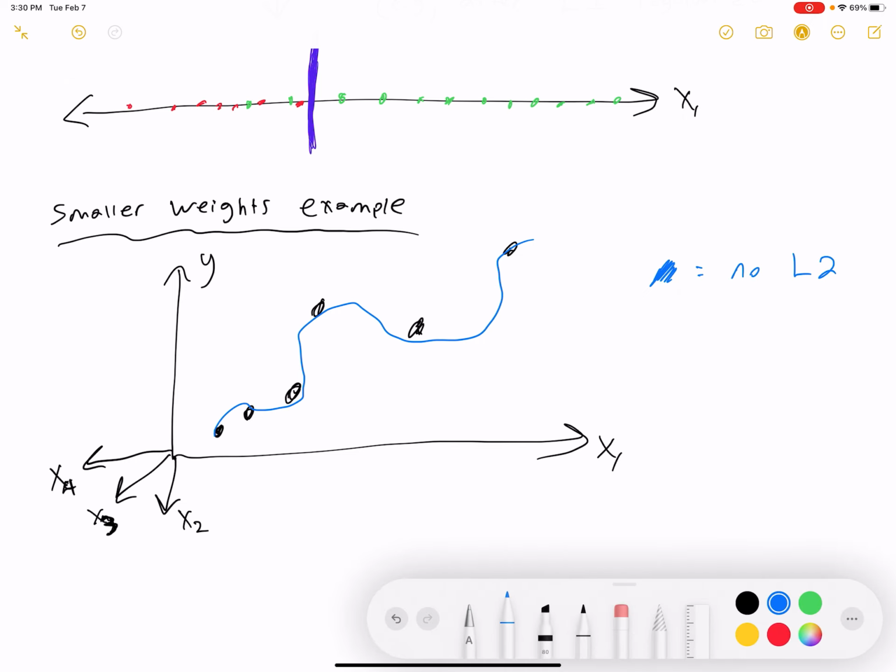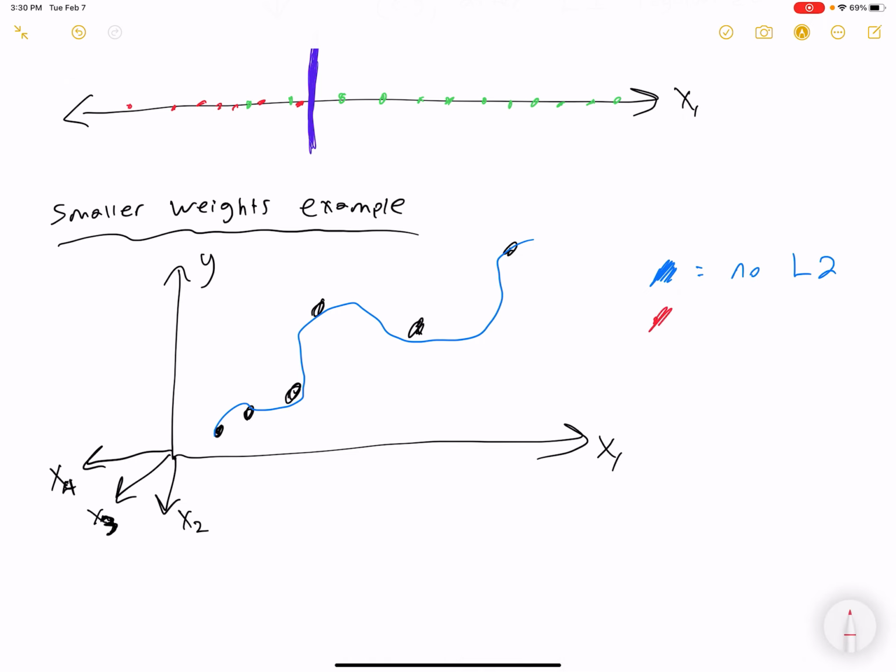No L2 with L2. We're not removing features, but we're not going to have a line necessarily because all the weights kind of go down, but it's not as drastic of an effect because the weight values have all gone down. So they're all kind of important, but they're not having as dramatic of an effect as before.